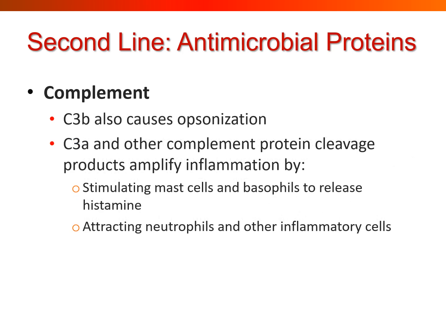Now, activation of that third protein is going to cause opsonization, so we could end up attaching additional complement to a pathogen or pathogens in the area, or the attachment of antibodies to other pathogens in the area. And the C3a that gets created as the third complement breaks apart is going to be the part that amplifies the inflammatory response.